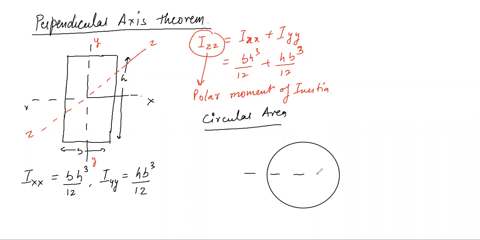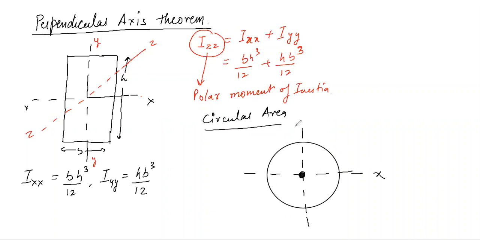So we can say that देखो, this is your x axis, this one is your y axis. तो एक जो इस सेंटर से पास होते हुए जाएगा और इसके परपेंडिकुलर होगा वही z एक्सिस होगा, राइट?